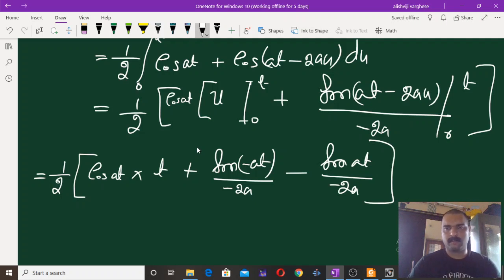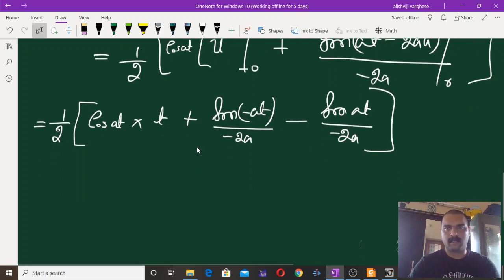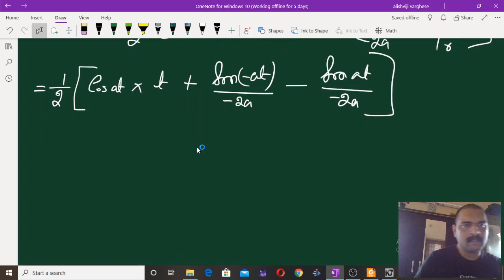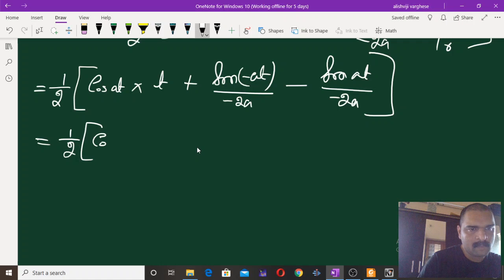Then just simplify these terms, and we have 1 by 2 into cos at into t.